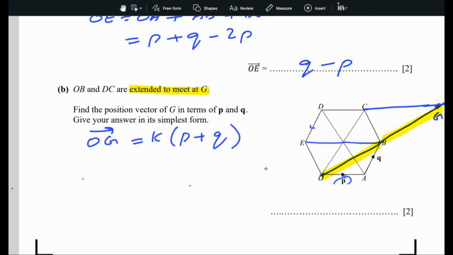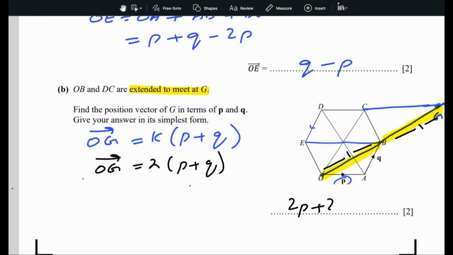These two lengths are equal: if this length is 1, this length will also be 1. So the complete length OG will be equal to 2 times p plus q, which means 2p plus 2q will be the final answer.